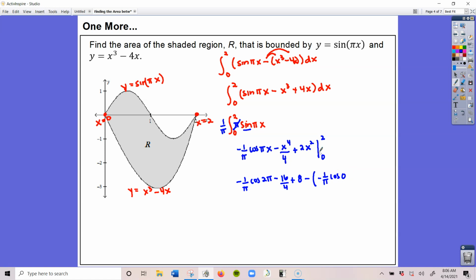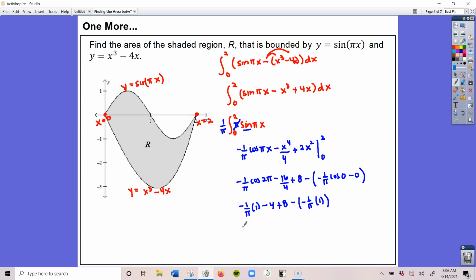And then the rest here would just be 0, so minus 0. Now let's work this out. We have negative 1 over pi. The cosine of 2 pi is 1. Minus 16 divided by 4 is 4, plus 8, minus negative 1 over pi, and the cosine of 0 is also 1.